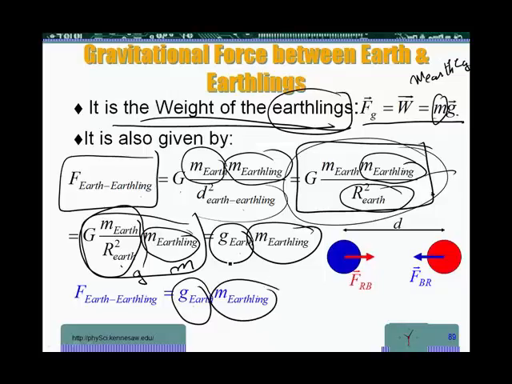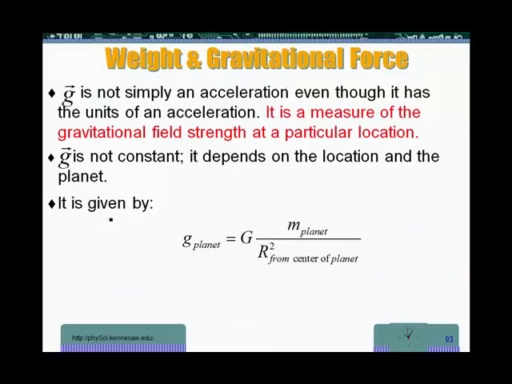It gives us an expression for g at the surface of the Earth, what I have on this circle. So what this gives us is g at the surface of the planet. It is big G, mass of the planet, over radius of the planet squared.